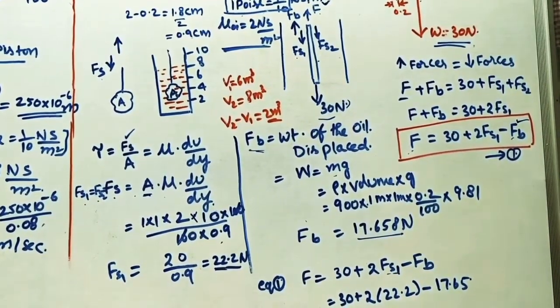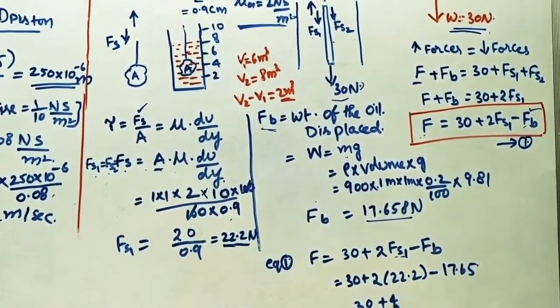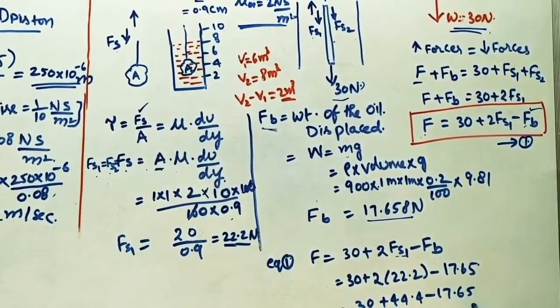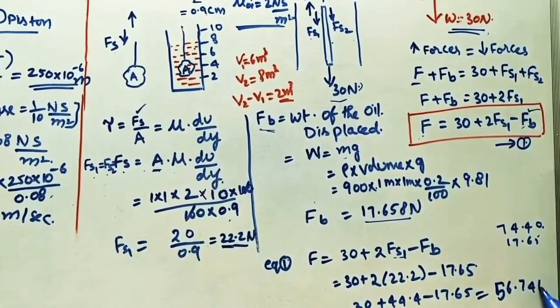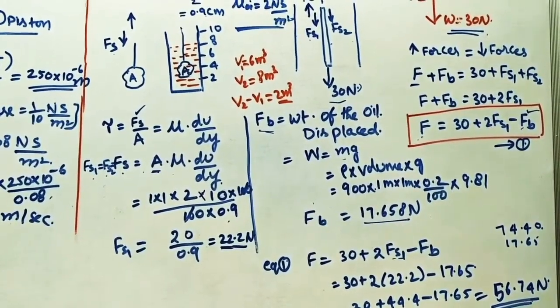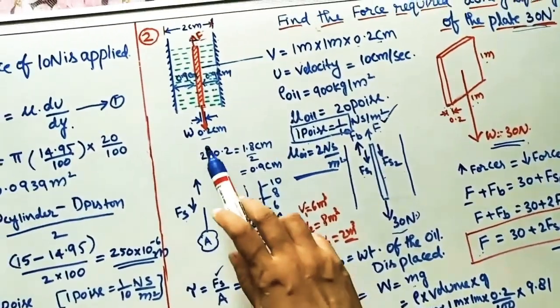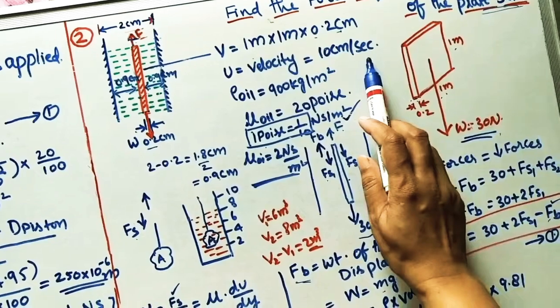Now using the calculator: 30 plus 44.4 minus 17.65, 56.74 newtons will come. So this is the lifting force for this plate in the upward direction with the velocity 10 centimeters per second.